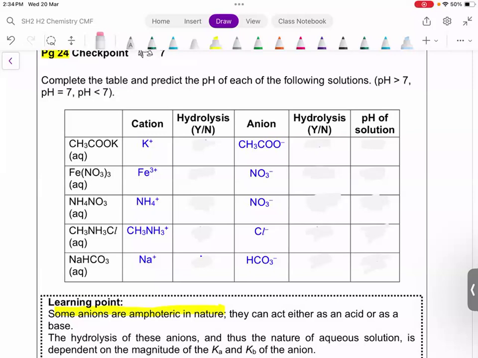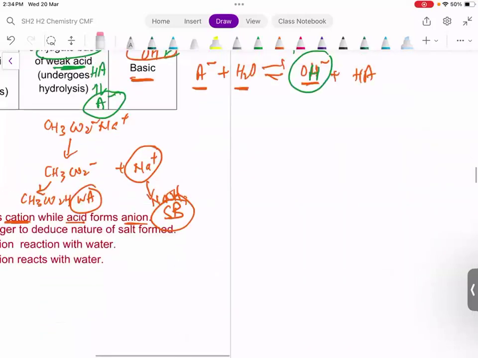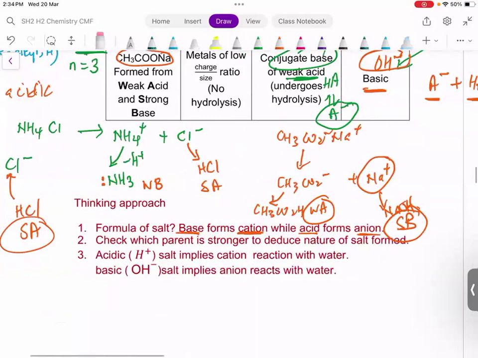What is the significance of whether they can undergo hydrolysis or not? Remember this thinking process. Hydrolysis means reaction with water.